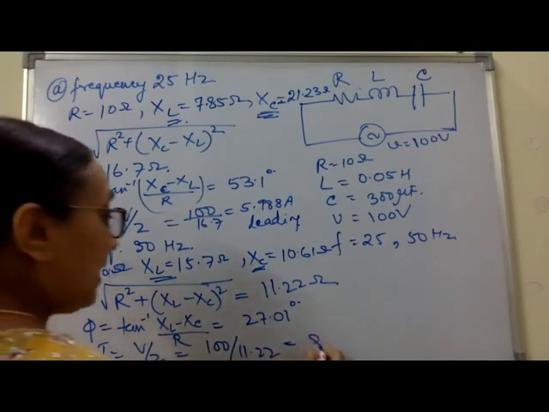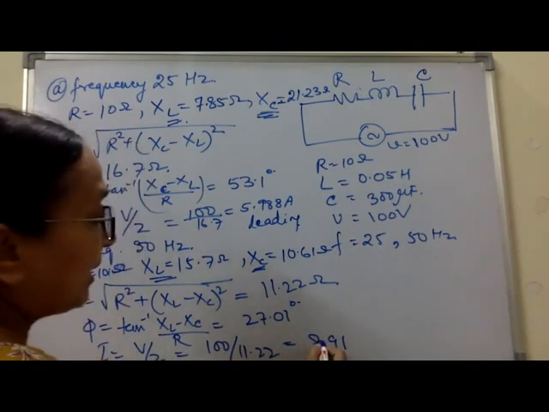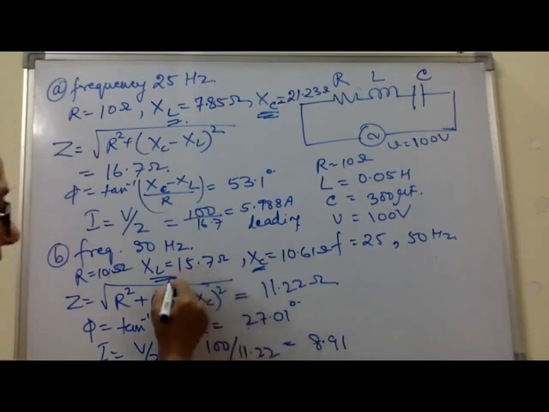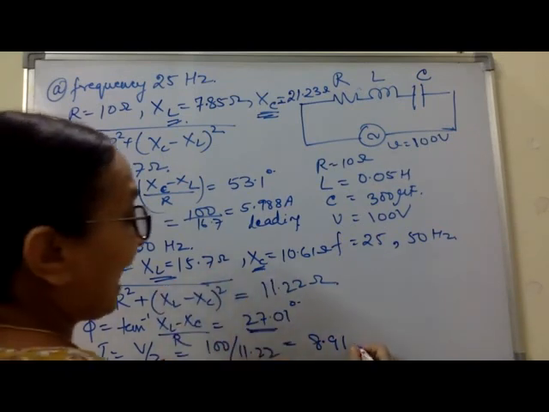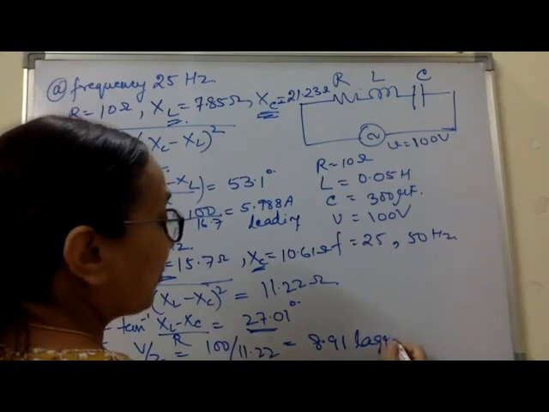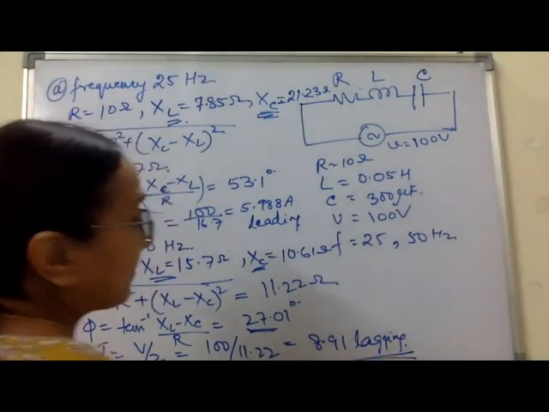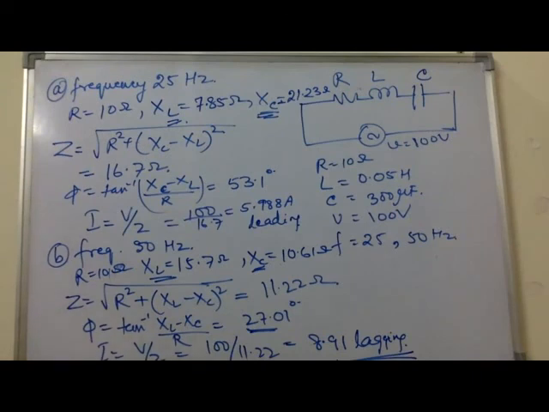It comes out to be 8.91 amperes, but XL is greater than XC, so the circuit is inductive, so it is lagging by 27.01 degrees. So when the frequency was 25 hertz, the circuit was capacitive in nature, and when the frequency was 50 hertz, the circuit was inductive in nature.